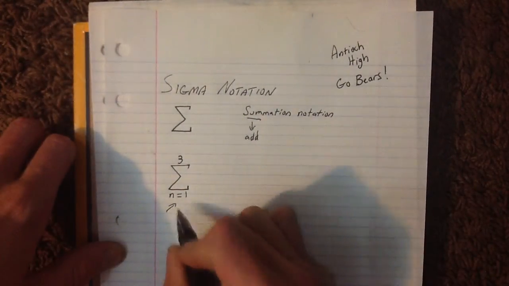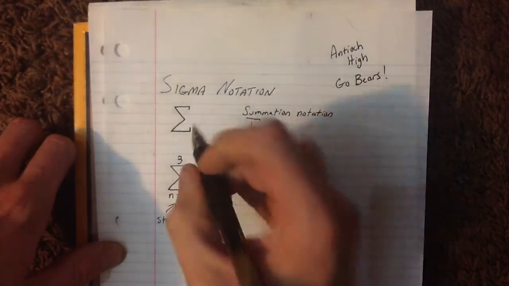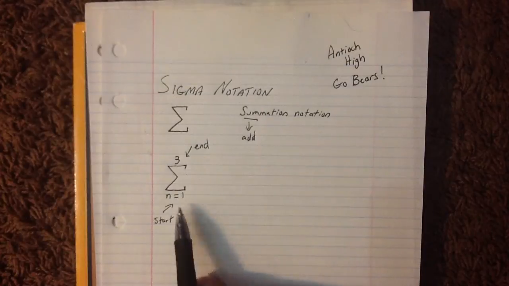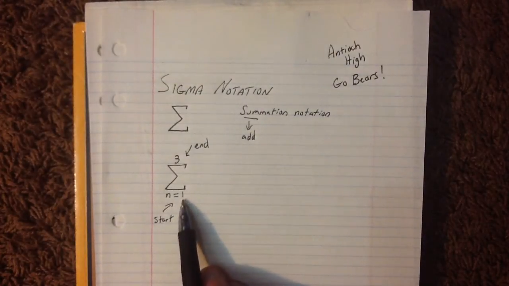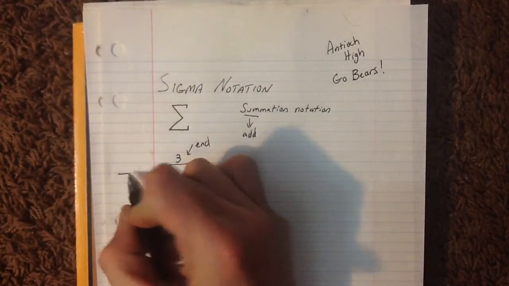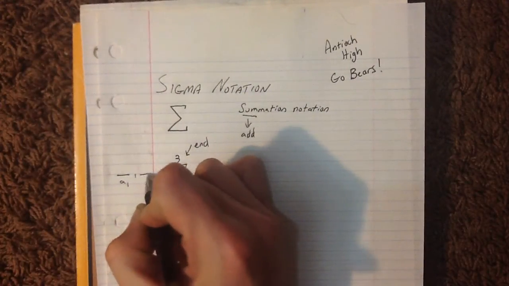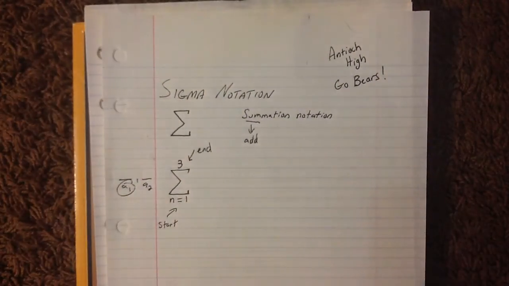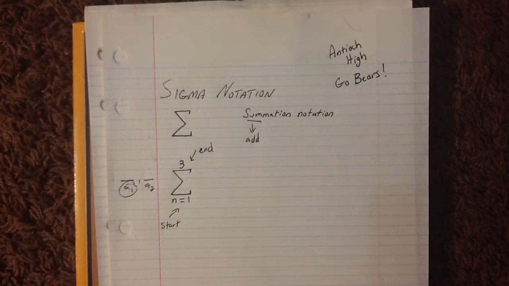So starting point, end point. And it's important to remember that this n equals 1 as the start doesn't necessarily refer to the number 1. It refers to the first position in line, something you might think of as A1. Remember A1, A2, A3, and so forth. The number there might be 1, or it very likely might be something else.